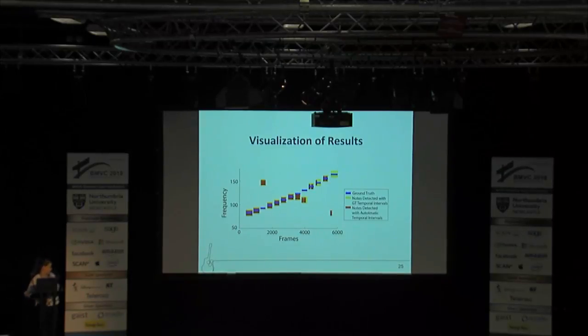The x-axis here is time, and the y-axis is frequency, and each rectangle corresponds to a single note. We want the red ones, which are the results from our method, to align with the blue ones in the x-axis and also in the y-axis. And again, as I said before, the yellow ones are the results of the pitch detection when fed with the ground truth temporal intervals. So you can see if the temporal intervals are correct, sometimes the pitch detection works better.